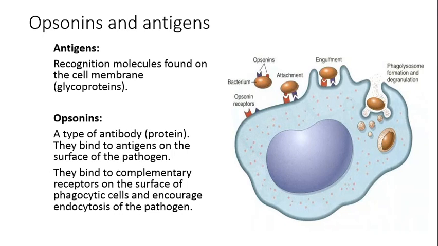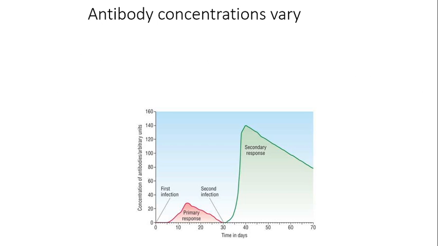So it will bind to the pathogen with the antigen binding sites, and then it will bind to the macrophage, and again, like a delivery service, they'll deliver the pathogens to the macrophages, and the macrophage then will engulf that pathogen and digest it. They'll also digest the opsonins as well, so those antibodies, the opsonin antibodies, will also get digested at the same time.